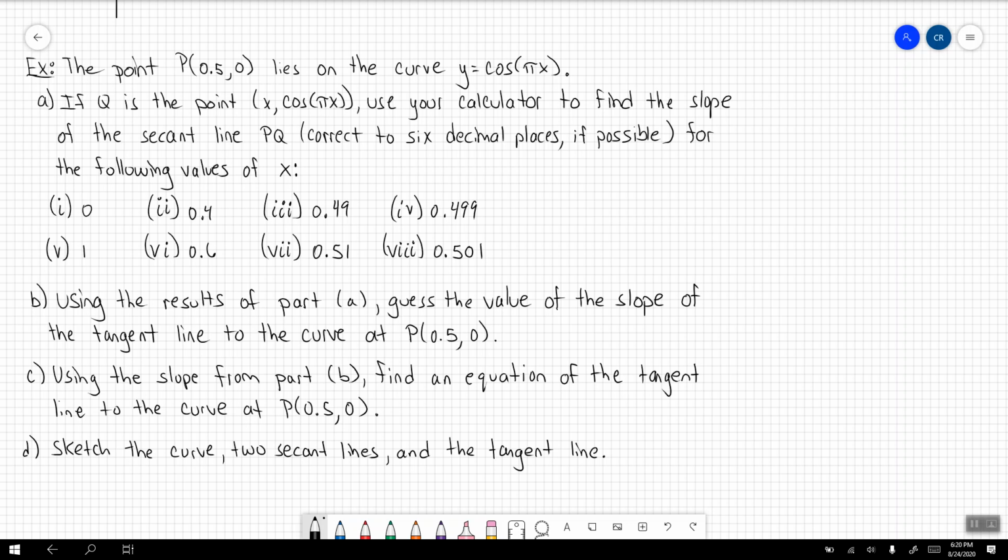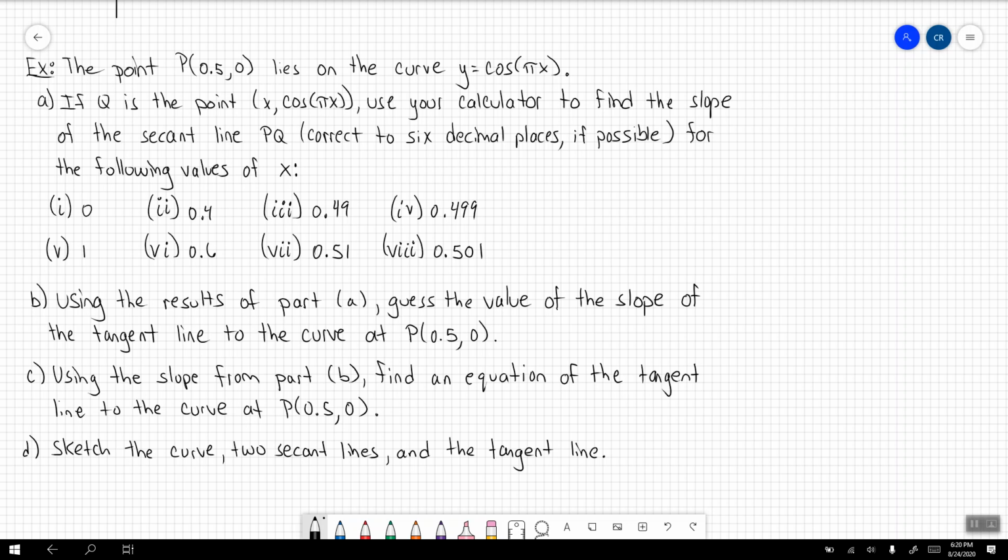So let's start with part A. If Q is the point x, comma, cosine of pi times x, use your calculator to find the slope of the secant line PQ, correct to 6 decimal places if possible, for the following x values.